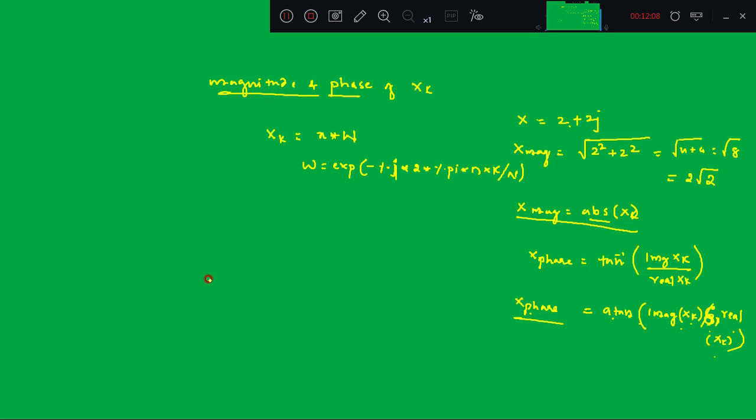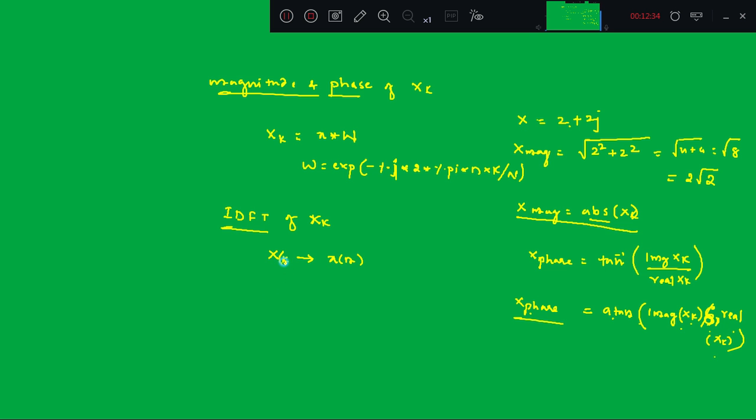And the third part of this program is to obtain the IDFT of this sequence, IDFT of xk. So what is IDFT? The IDFT is a tool or a process to convert the signal from frequency domain to time domain x of n.